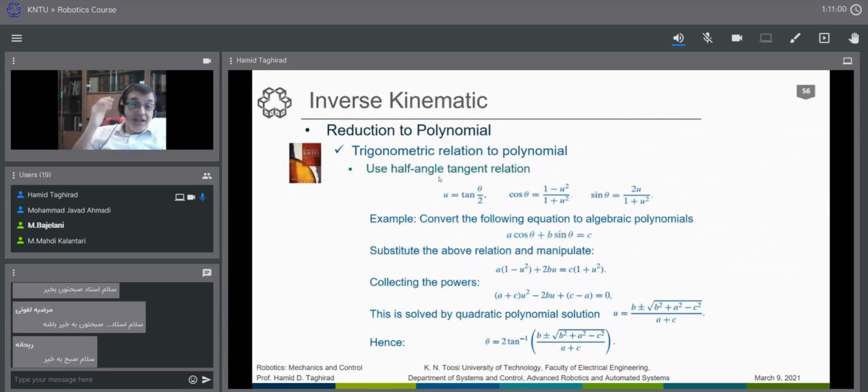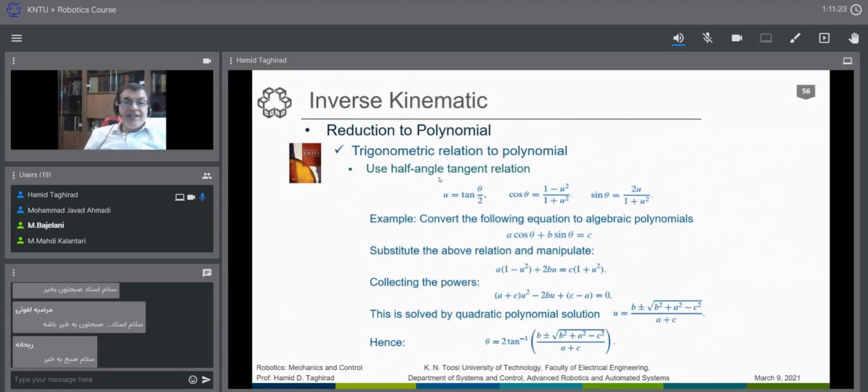I have seen that you can solve a polynomial with degree 16, 32, even higher. Not every polynomial, but in some cases you can find the solution. Remember, not a numerical solution, an analytic solution.